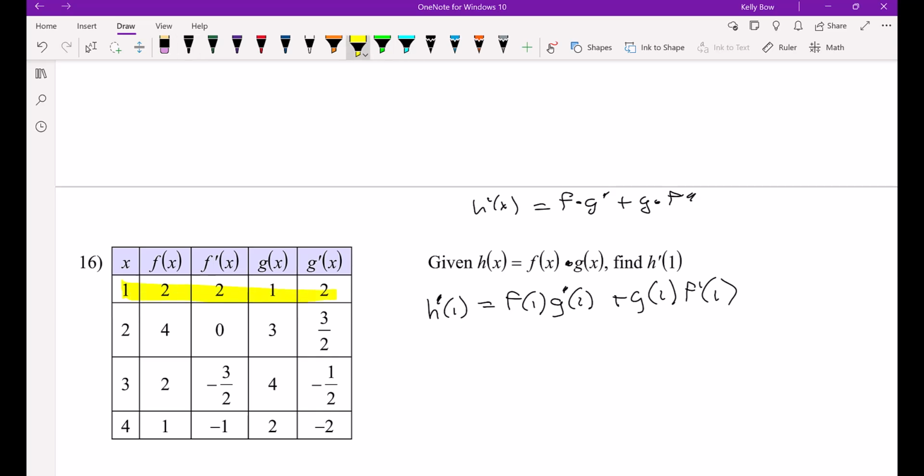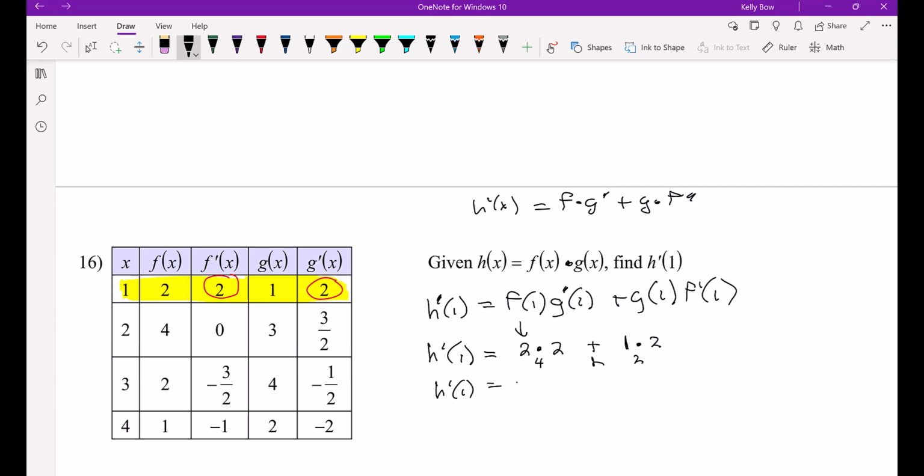So I'm going to do this, and then maybe circle the derivative ones. So now f of 1 is 2 times g prime of 1 is 2, plus g of 1 is 1 times f prime of 1 is 2. 2 times 2 is 4. 1 times 2 is 2.